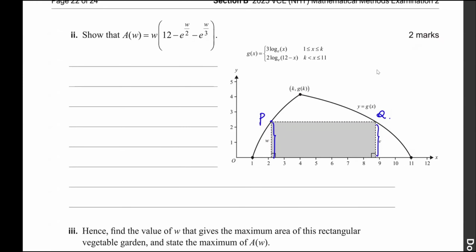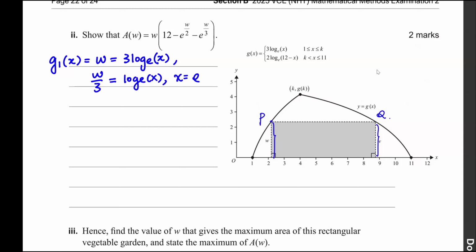One thing is, when I get the P, say g1 of x equals W, that is equal to 3 log e of x. So W on 3 equals log e x. And x equals e to the power W divided by 3.